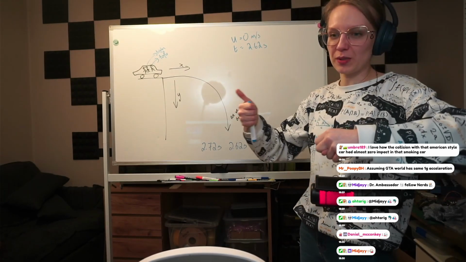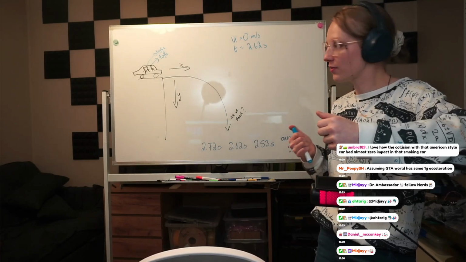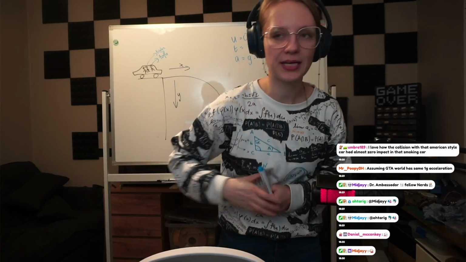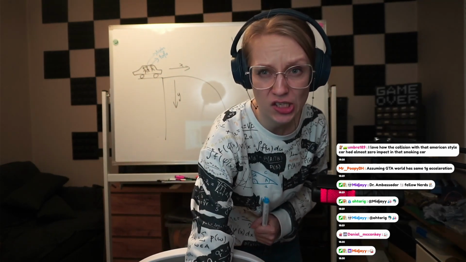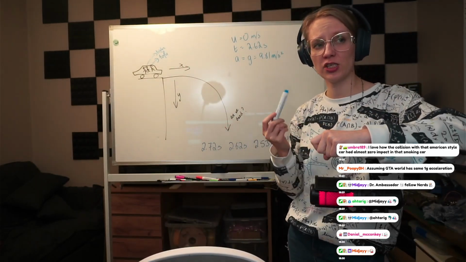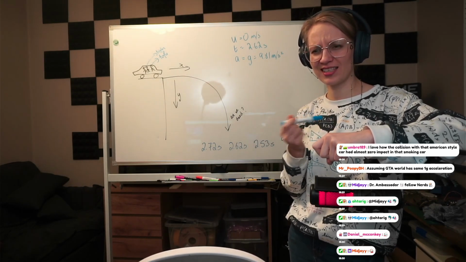We have the initial speed u, we have the time it took before we crashed, t, and another thing that we have is the way we're speeding up, acceleration due to gravity, 9.81 meters per second squared, assuming now, and this is a bold assumption, that GTA is set in our universe.